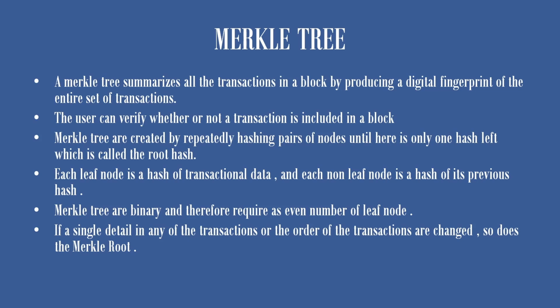Each leaf node is a hash of transactional data, and each non-leaf node is a hash of its previous hashes. Merkle trees are binary and therefore require an even number of leaf nodes. If a single detail in any of the transactions or the order of the transactions is changed, so does the Merkle root. So let's see the structure of a Merkle tree.